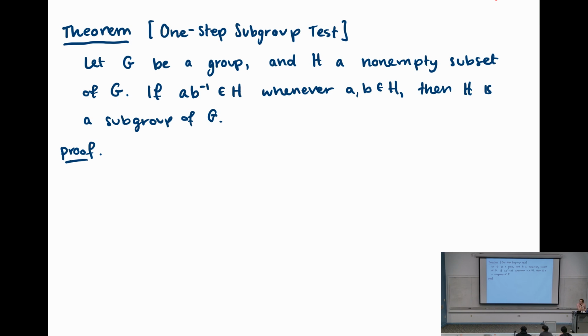To prove this, we're going to start off by assuming that H is a non-empty subset of G, and that it has this property. So we'll assume H is a subset of G, and H is non-empty. This symbol is just the empty set.